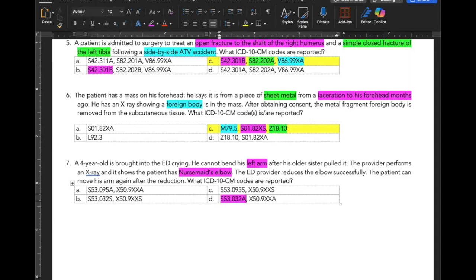So from an external cause index standpoint, what's our main term? Is it reduction? No, because the reduction is going to be the treatment, so it's going to be our CPT code. Okay. How did the dislocation happen?